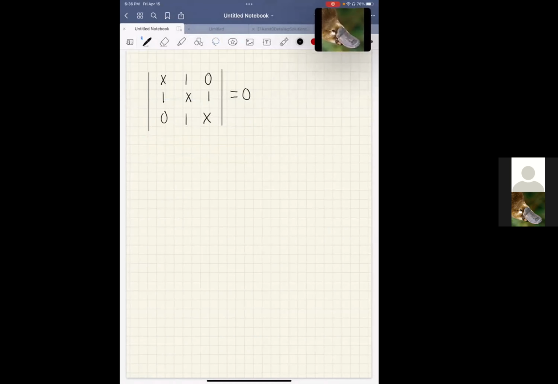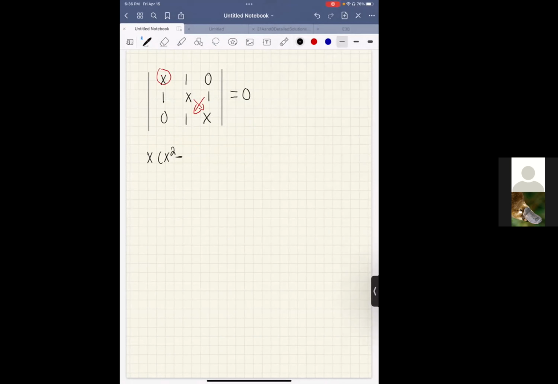So we look at the first row and the first column, and then we crisscross multiply. This would be X, the first row of the first column, and below here would be X times X minus X squared.